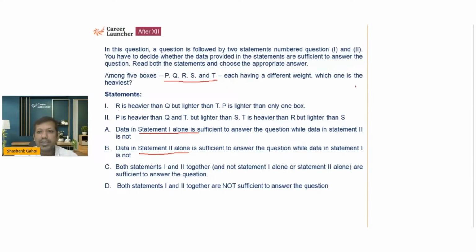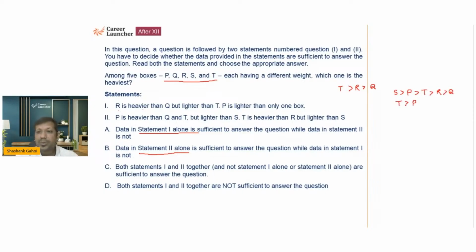Now this says that R is heavier than Q, but lighter than T. P is heavier than only one box. So I can make a random arrangement. S is the heaviest, P is second heaviest, because P is lighter than only one box. Then I can have T, then R, then Q. That is one of the possible arrangements.